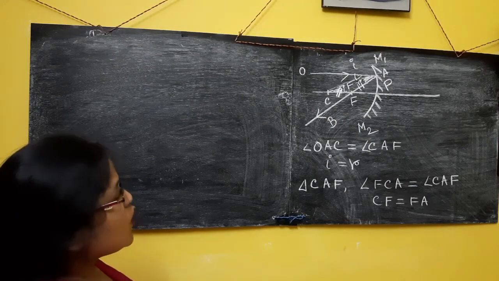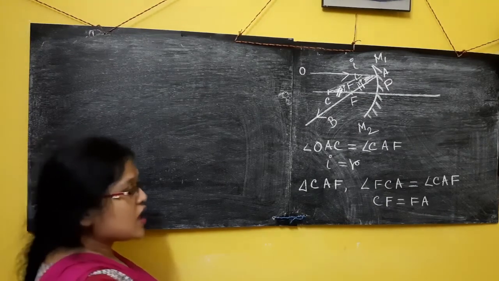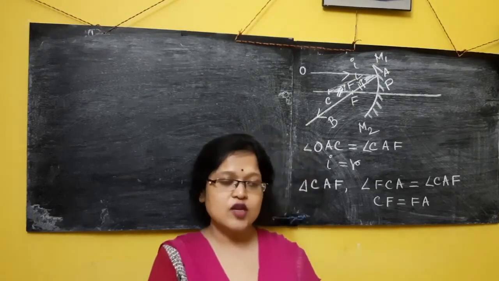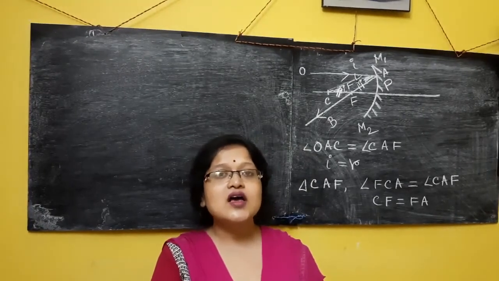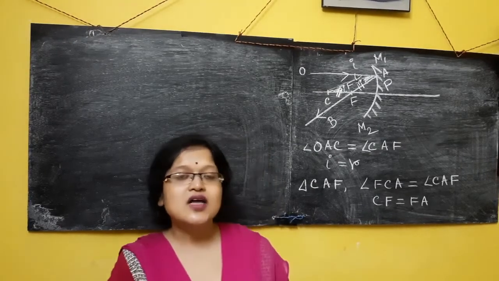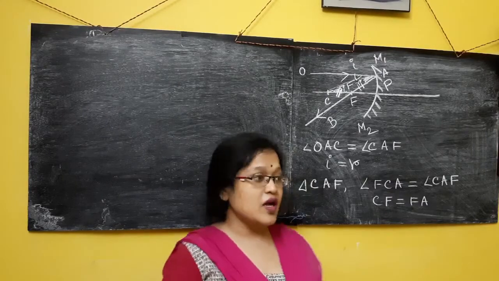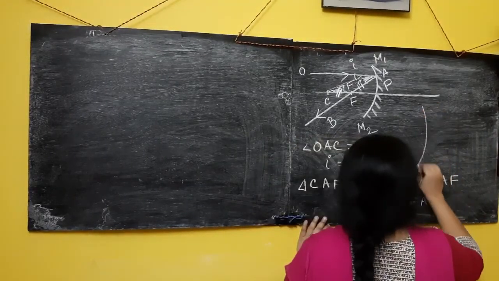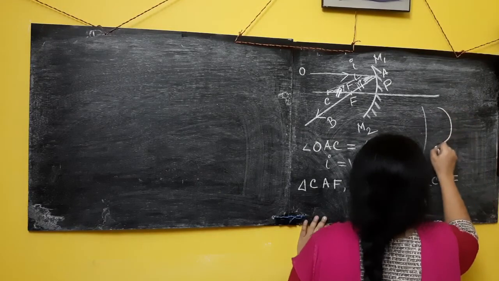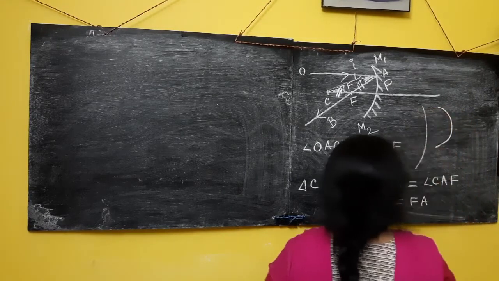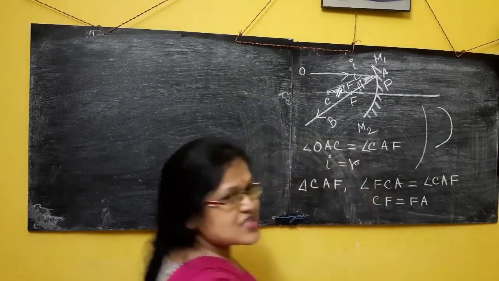Now coming to the last approximation. The approximation is that we know this is a concave mirror. Remember that we are taking the aperture of the mirror to be very small. Aperture means the curvature, meaning the mirror I have taken is like this, not like this. Clear? So the curvature here is very small, nearly a straight line I can say.